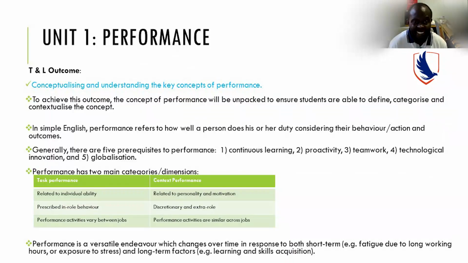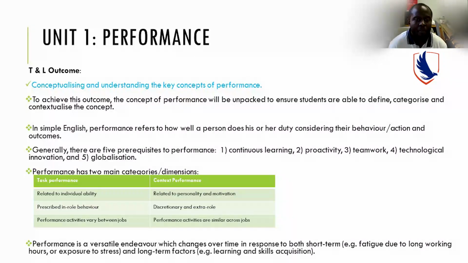To achieve this outcome, the concept of performance will be unpacked to ensure students are able to define, categorize, and contextualize the concept of performance. In simple English, performance is defined as how well a person does his or her duty, considering their behavior, action, and outcomes.